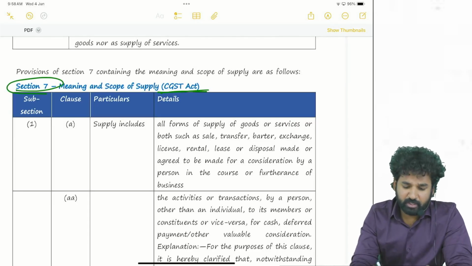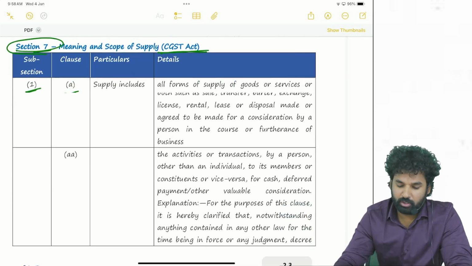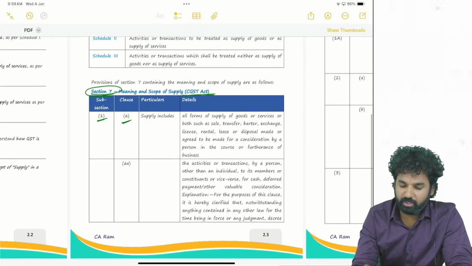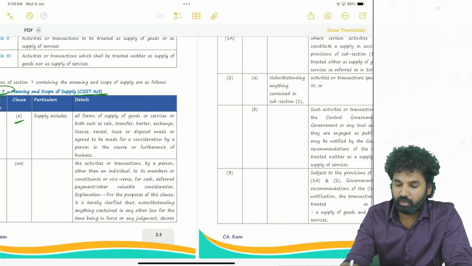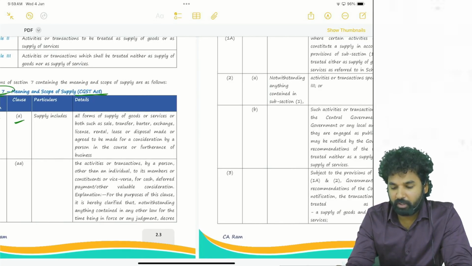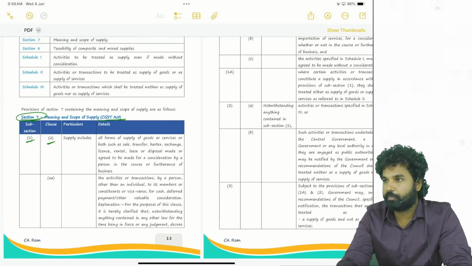In that, section 7 subsection 1 clause (a) is telling that this is the definition of supply. 7(1)(a), 7(1)(aa), 7(2)(a), 7(2)(b), 7(3), all this is the definition of supply only. That means inclusions of supply, exclusions of supply, meaning of supply, everything will come here.